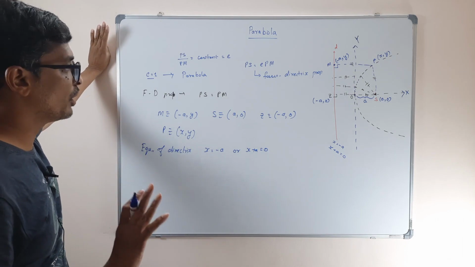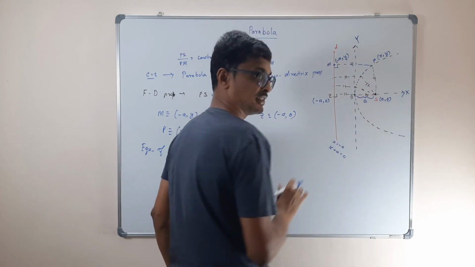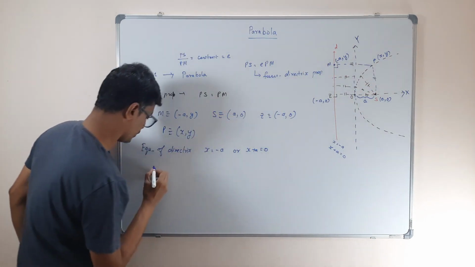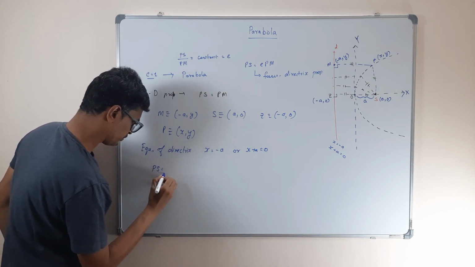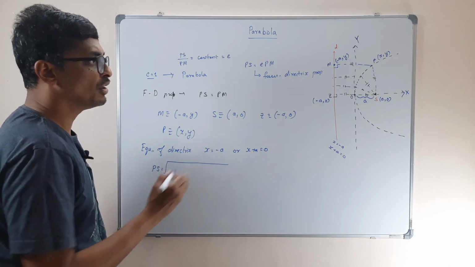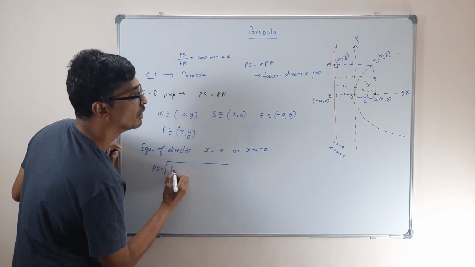Now the parabola says this distance should be equal to this distance. Tell me what SP is. You know all the points, right?